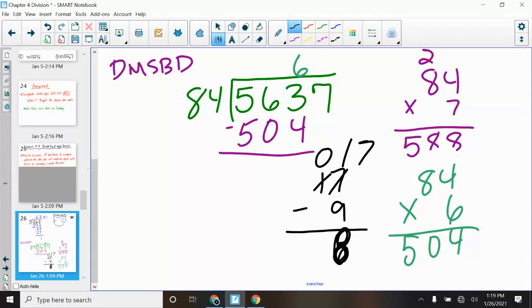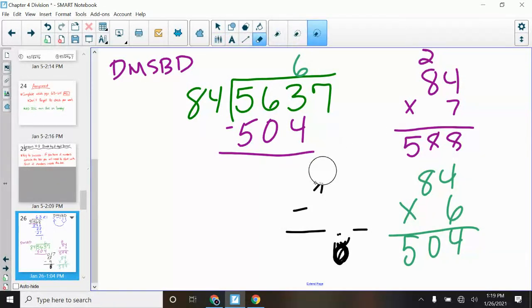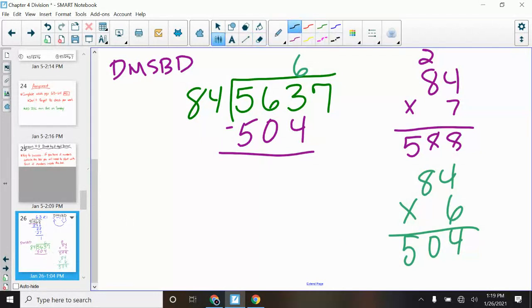But it threw off the whole answer for many people because they made a silly subtraction error. So when we get to big problems, like the one that we're looking at right now, 563 minus 504, we've got to be careful we don't subtract wrong, okay? Sophia, subtract this, go.